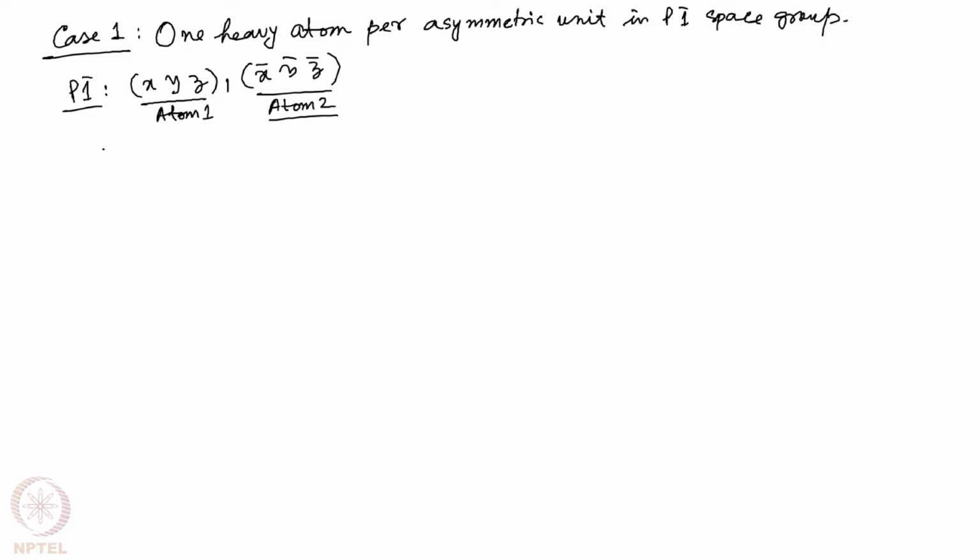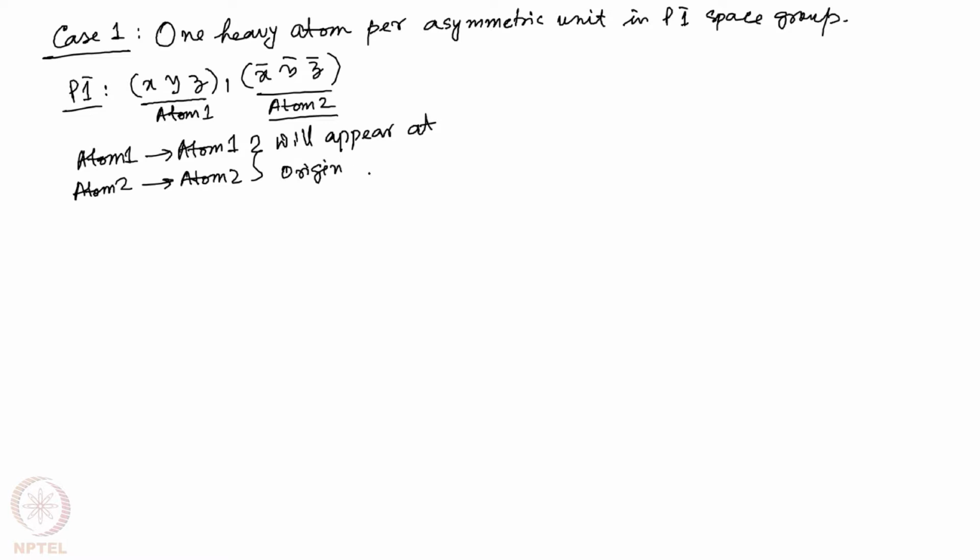Of course, the largest Patterson peaks are the self peaks, atom 1 to atom 1 and atom 2 to atom 2, and these two Patterson peaks will appear at the origin, that is at 0, 0, 0.